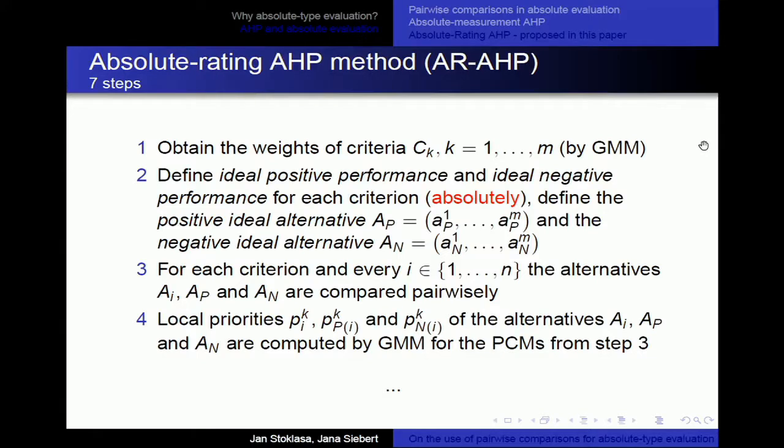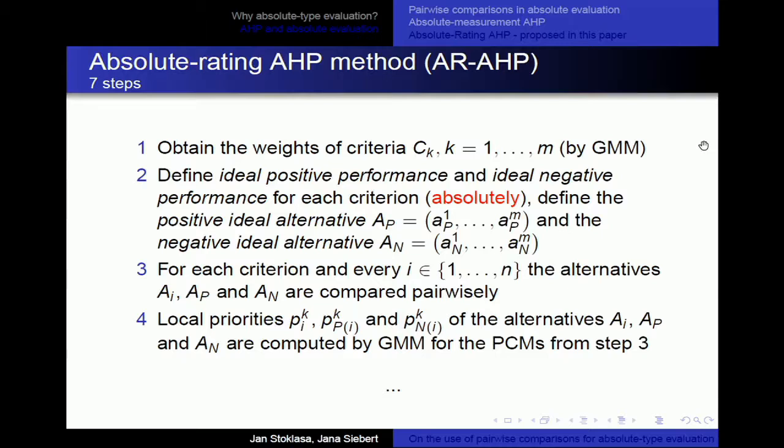I will show you a figure or two after that. The main idea is that these values, the positive ideals and negative ideals, so the best and worst values of each criterion, are defined irrespective of the alternatives. They should not be dependent on the alternatives. But if the criteria are meaningful, it is possible for the given context to define these values. And so far, this is sort of TOPSIS-like. We have positive and negative ideal, but they are not relative.